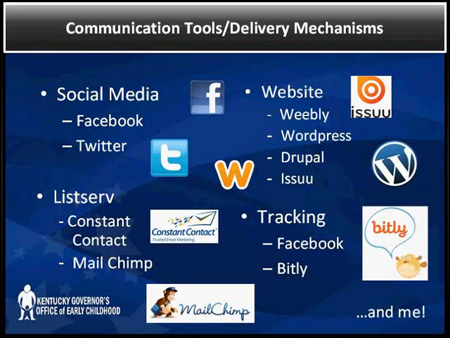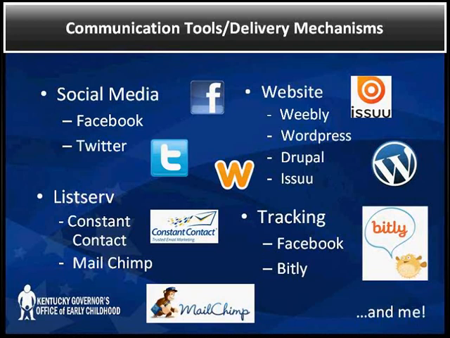So here are some tools or delivery mechanisms that we're going to talk about. There are plenty more out there, but these are a few that I'm going to touch on. And if it's not deep enough and you need more information after the webinar, feel free to reach out to me. Facebook and Twitter, I've seen some CECCs already beginning the use of those.